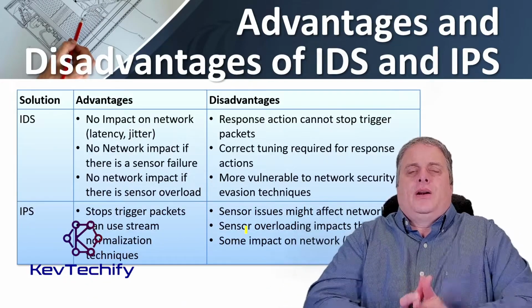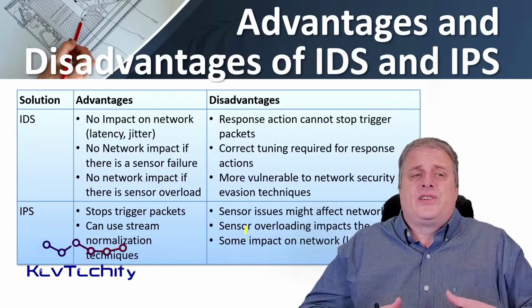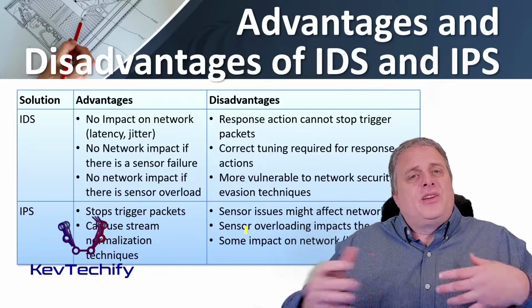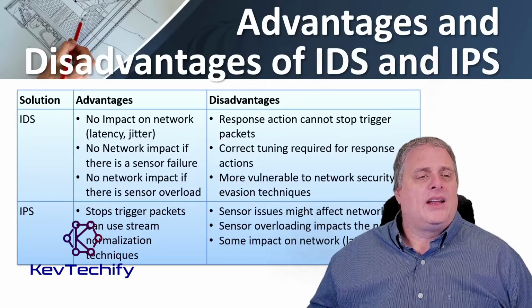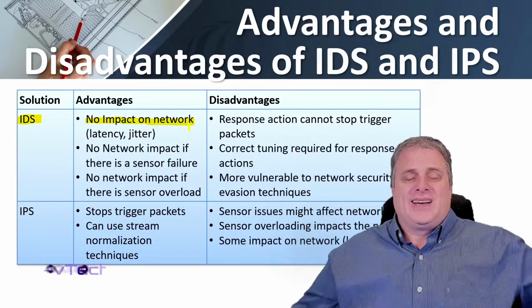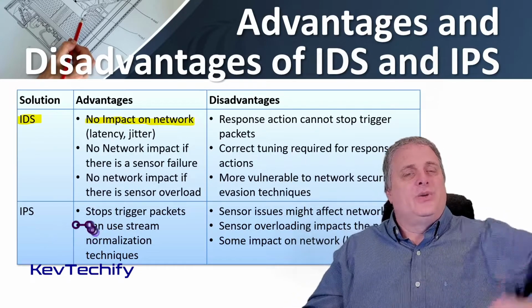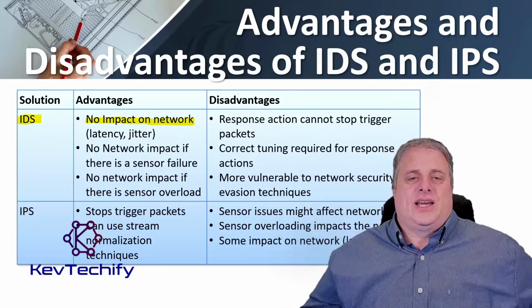As we start comparing intrusion detection systems and intrusion prevention systems, both of them have their distinct advantages and disadvantages. Looking here at an IDS solution, some of the advantages are that there's no impact on the network, because it just copies that data to another place, so we don't have to process it.